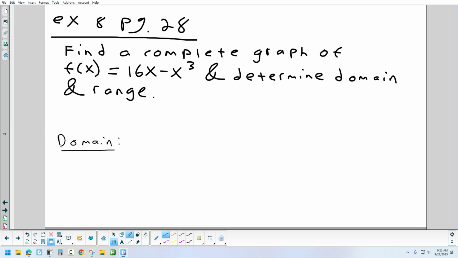Anyone have a guess what the domain is here? Would it be all real numbers? It's all real numbers. Are there any square roots in that problem? No. Are there any fractions with letters in the bottom? No. So the two things that are an issue for the domain are not in that problem. If they're not there, then your domain is all reals.